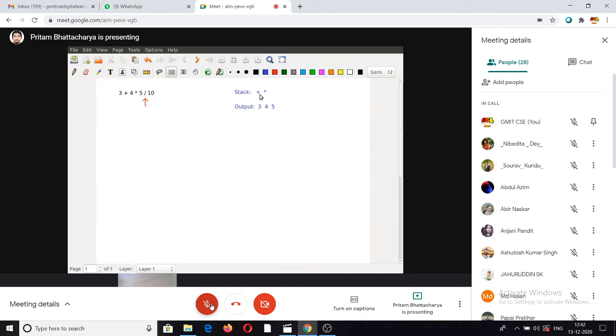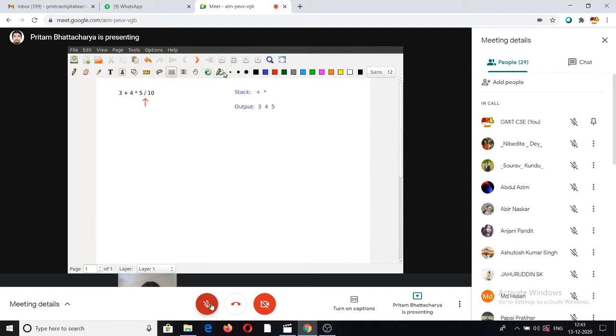But in general, if there are 2, 3, or whatever number of such operators on the top of the stack which are greater than or equal in precedence to the operator that your arrow is pointing at, in that case you pop them from the stack and send them to the output.